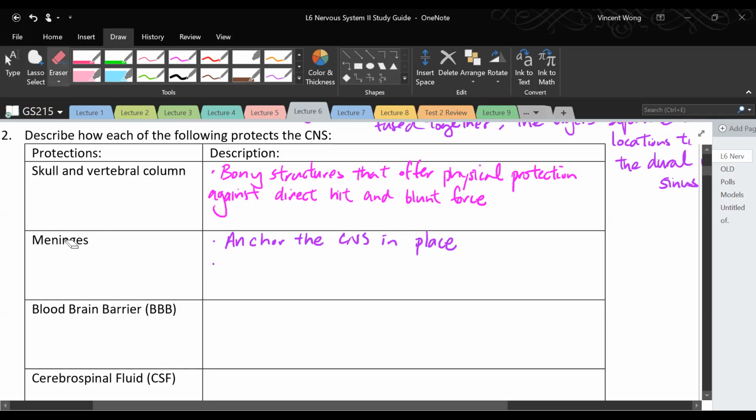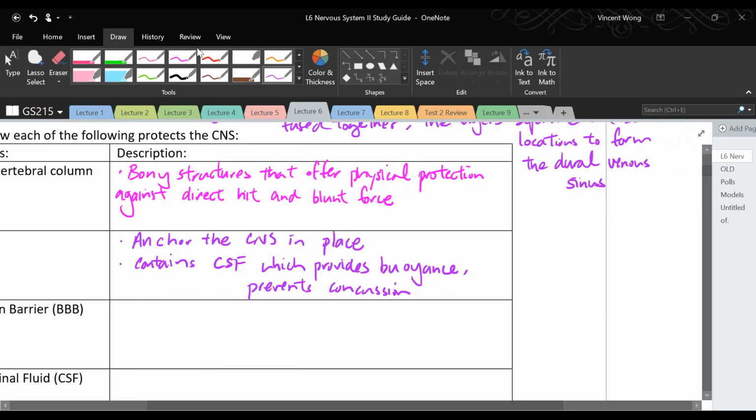As I mentioned earlier, the middle layer of the meninges, the arachnoid layer, in the subarachnoid space contains CSF, which provides buoyancy, which means it allows the brain to be floating. And this is good for preventing concussion.